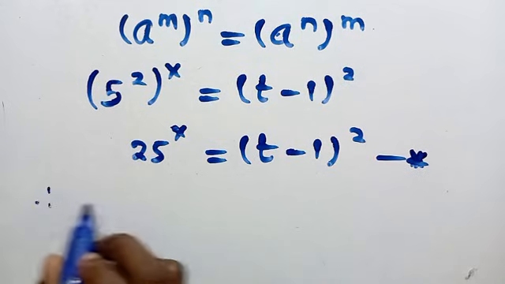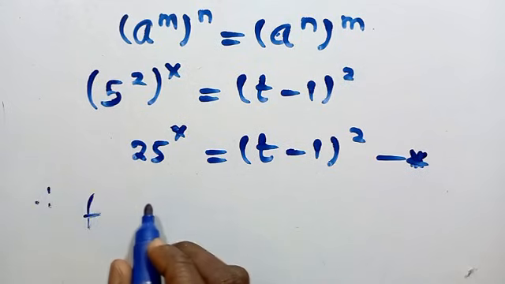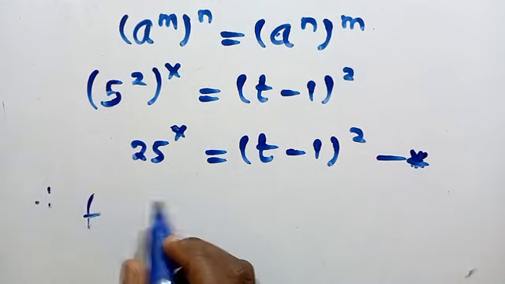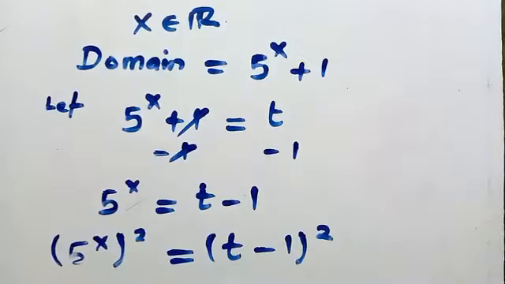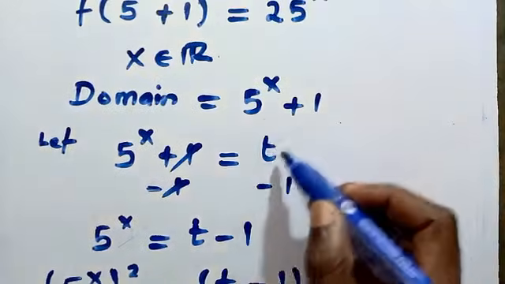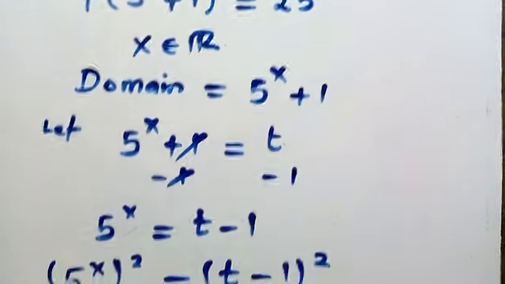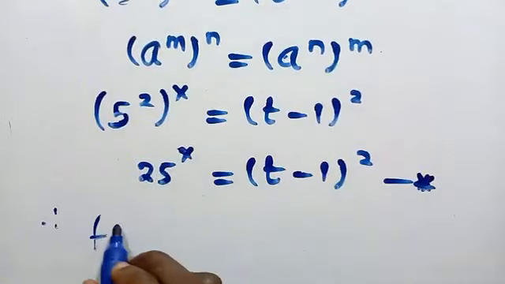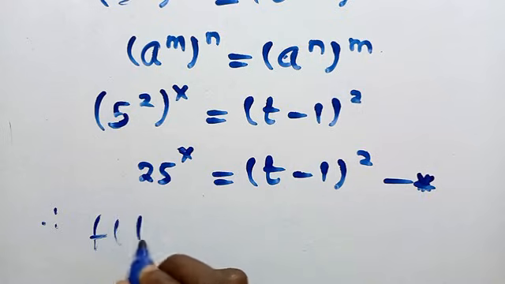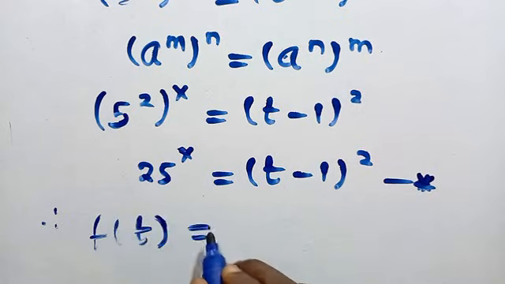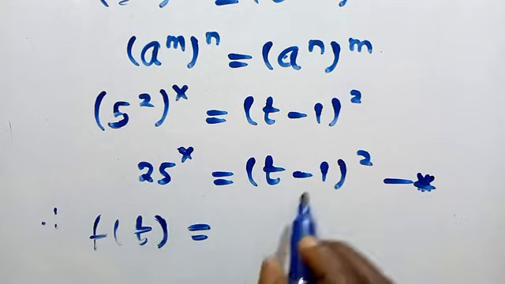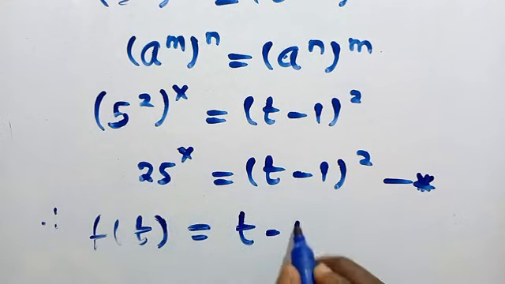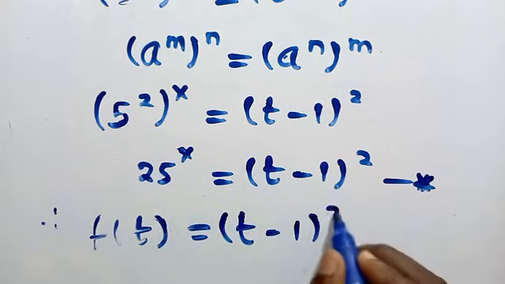We have f(5^x + 1), and 5^x + 1 here is now our t. So by replacing it here, we have f(t) = 25^x, and the whole of 25^x here is now (t - 1)^2.